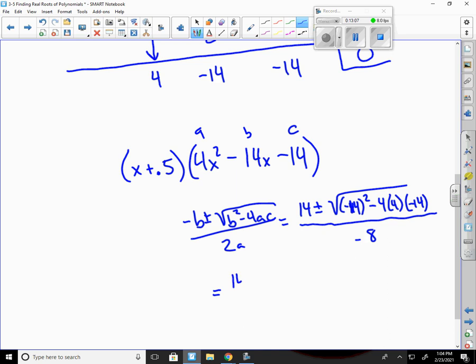All right, so that's 14 plus or minus the square root of 196. Negative 4 times 4 is negative 16 times negative 14. So that's 224.